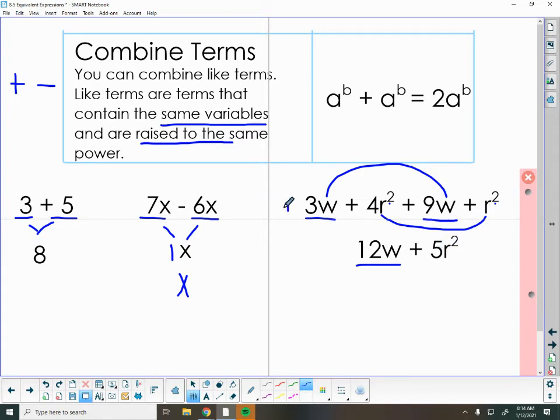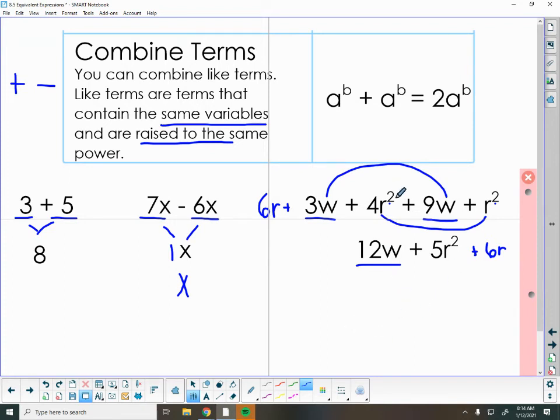So let me add on, let's say we have 6 r's. So I don't have any more just plain old r's. So that would just be 6 r's. So I can't combine these r's, even though the variables are the same. They don't have the same power, so they are not like each other. They're very similar, but they are not the same. So I can't put those together.